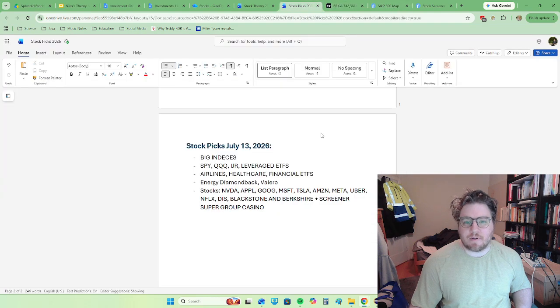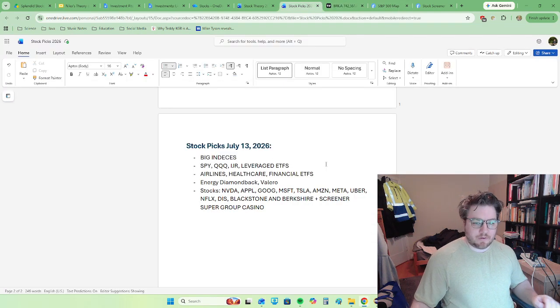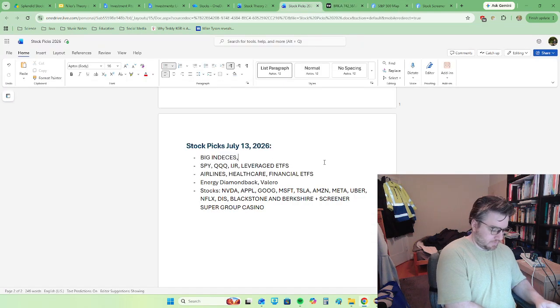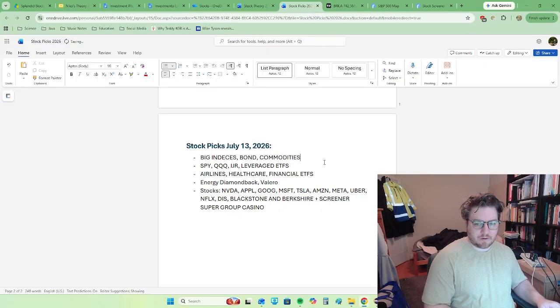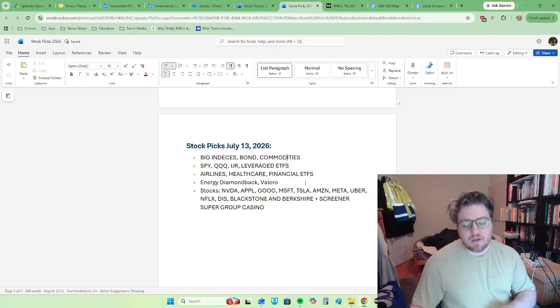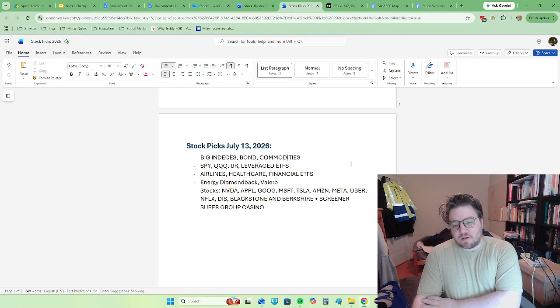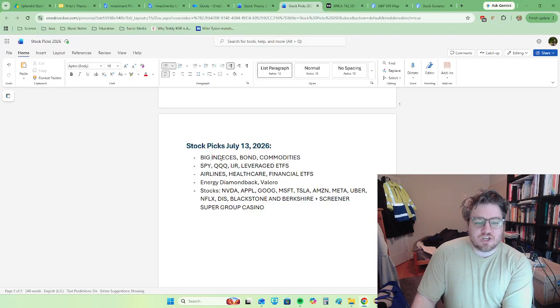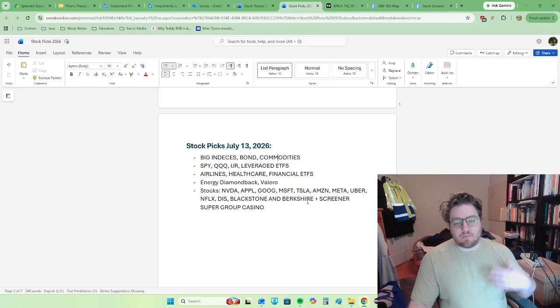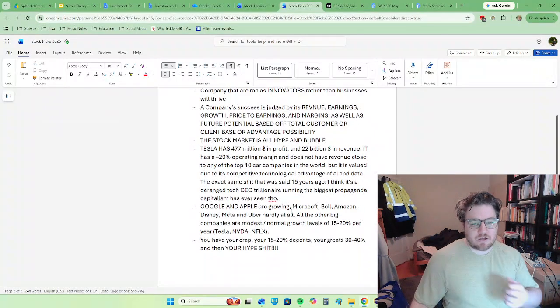Oh, I also got my bond. I'm gonna add commodities onto here, just so you can track the cycle, because the economy goes stocks, bonds, commodities in a cycle. It goes commodities are good, then stocks are good, then bonds are good. So that's how you can track it.